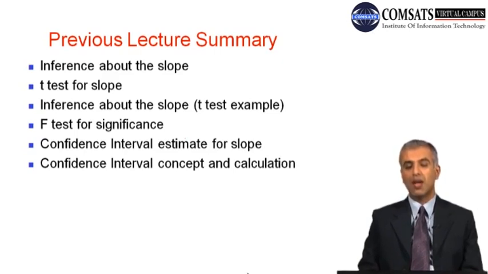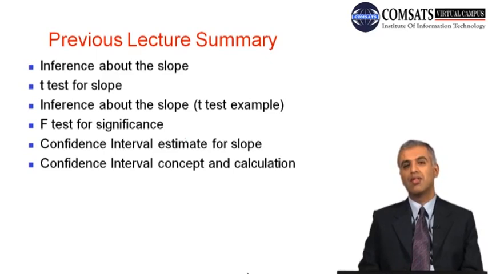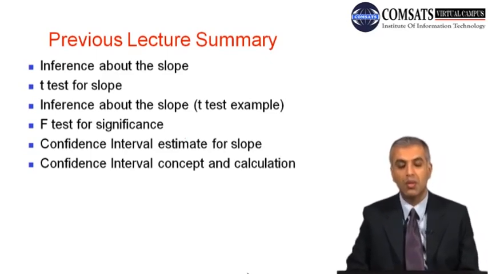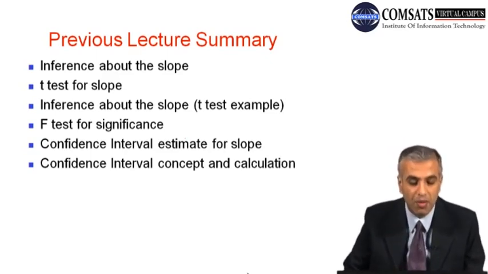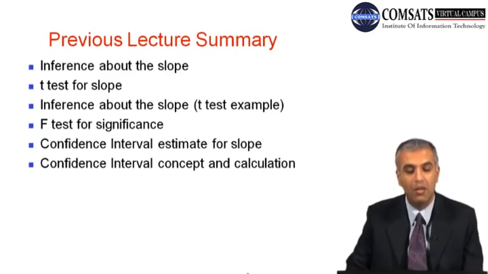So that's why we have to conduct inferences about any figure which has been reported through this kind of statistical analysis. And in this, the slope in regression is a very important part, and that's why we have to perform this inference. So then we had the t-test for slope, just like we had Z-test for the values.